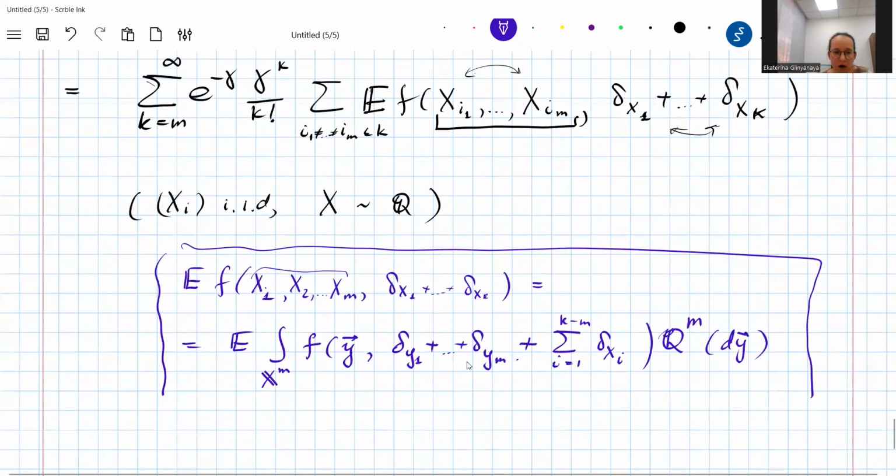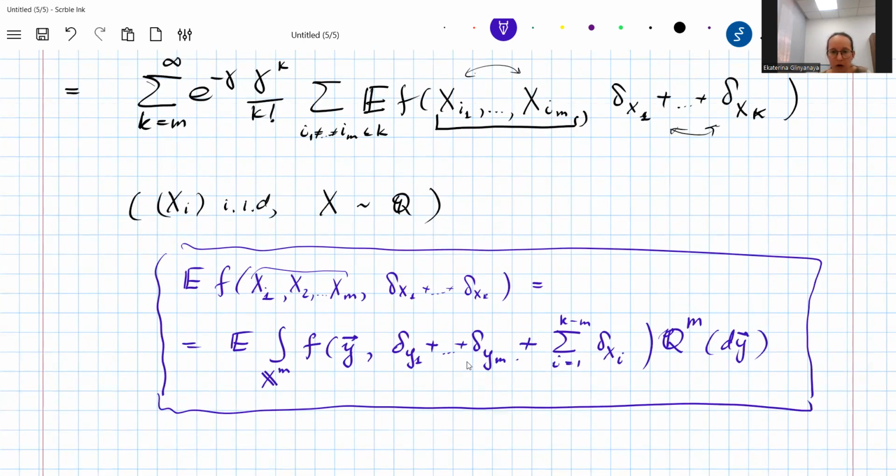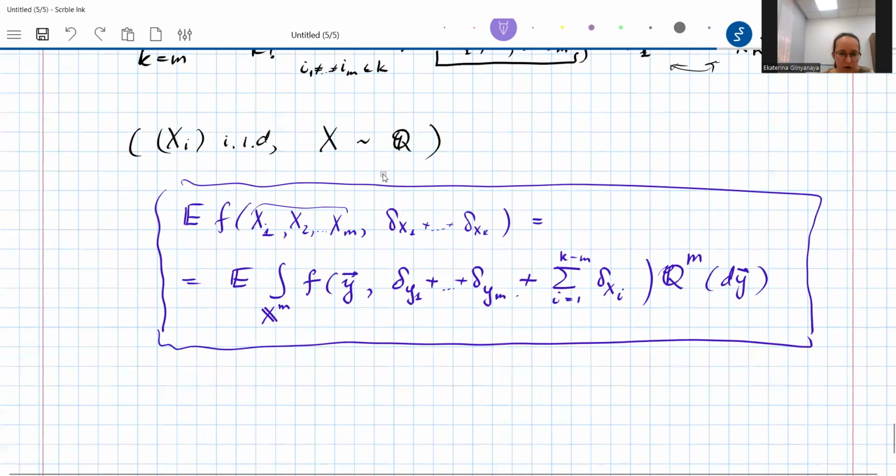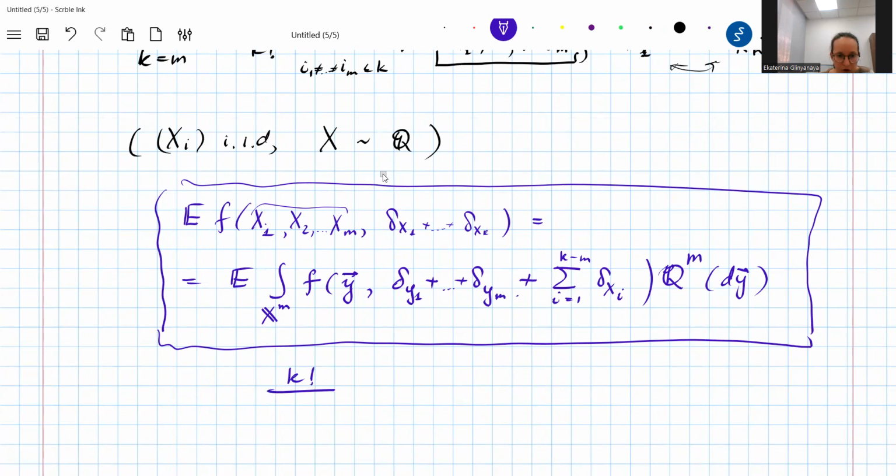So let us calculate how many of them we have. How many summands do we have? We need to choose m points among k. If I choose m points among k, I have k factorial over m factorial times k minus m factorial.